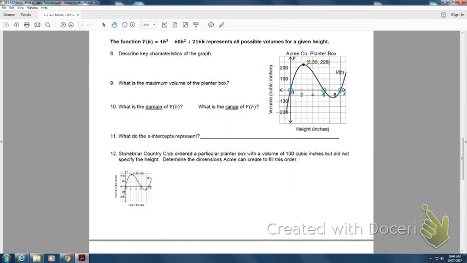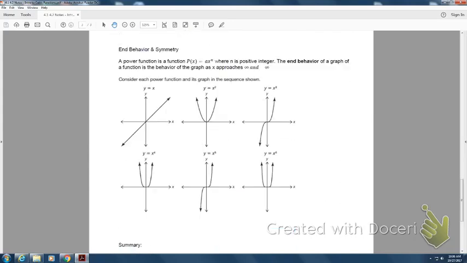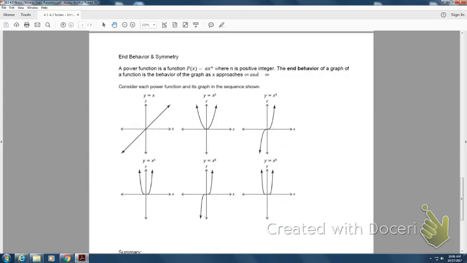Alright, let's go to the back. We're going to talk about these power functions, and power functions are just x to the power of a positive number. Okay, x to the second, to the third, to the fourth. So just how is it changing the graphs as that exponent increases?